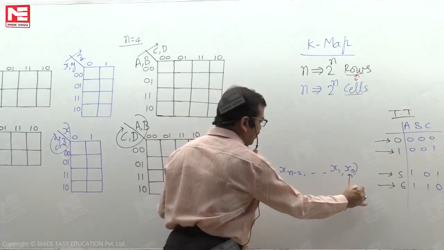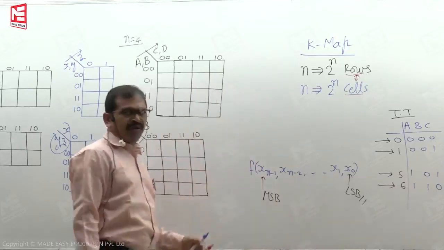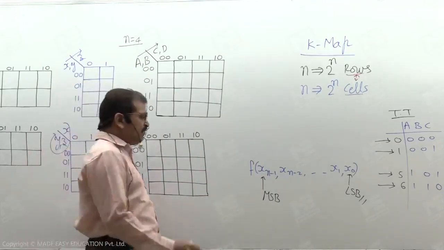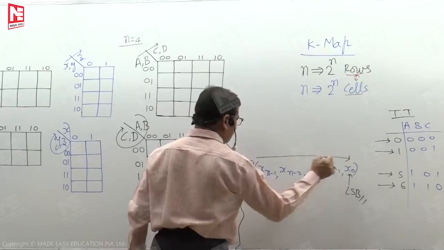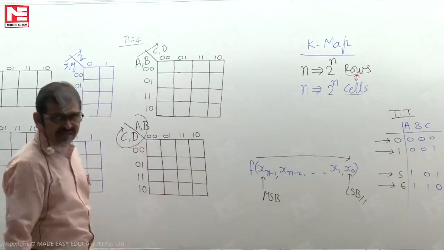The last variable is the least significant bit variable. So the order of the variables from left to right is MSB to LSB.